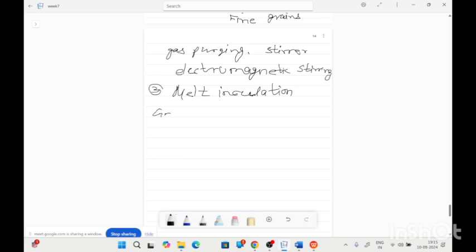The grain refiners can be titanium, vanadium, niobium, boron, zirconium, and tungsten. Among these grain refiner elements, titanium is the most effective element for melt inoculation.